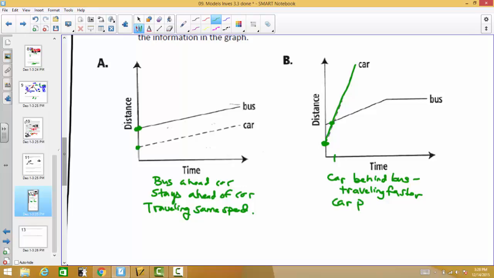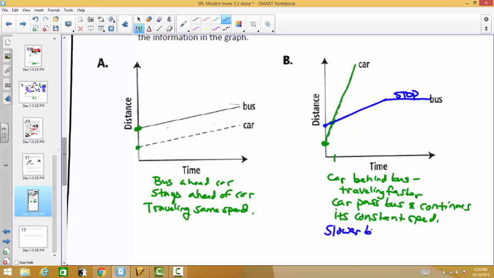So the car passes the bus and continues its constant speed. And the slower traveling bus becomes a flat line here. This is where it stops. So the slower bus stops.